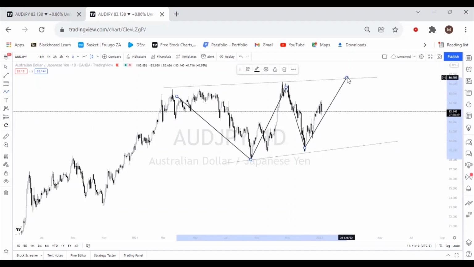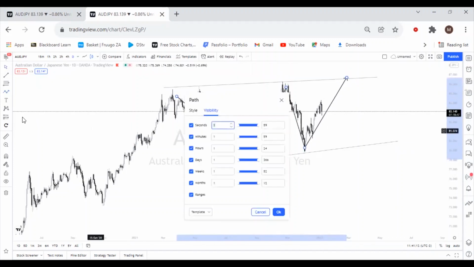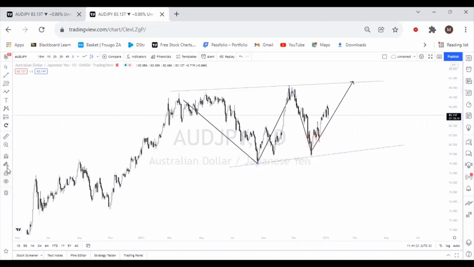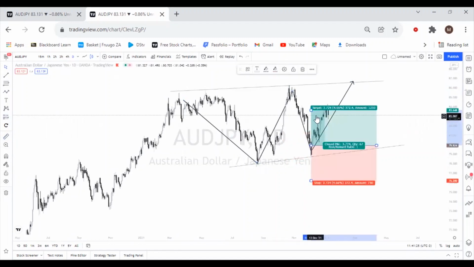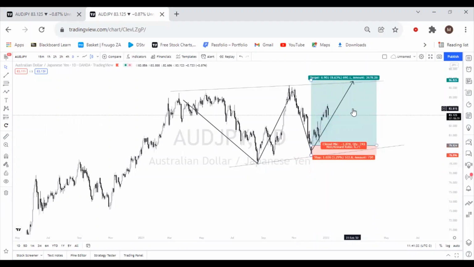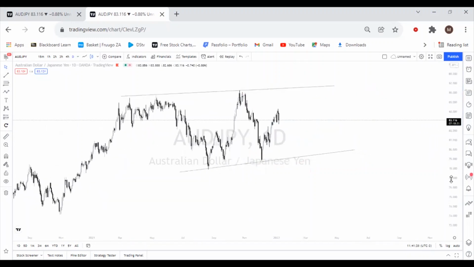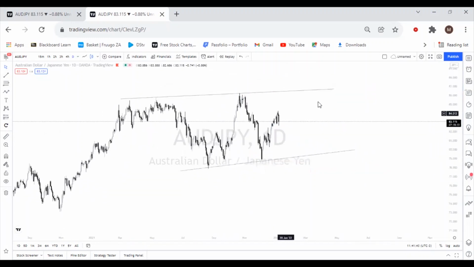The whole idea of a W formation is for you to spot it while it's still in around these areas here, and your position would look like this. So you would buy the last leg of the W. That also confirms our upwards direction.